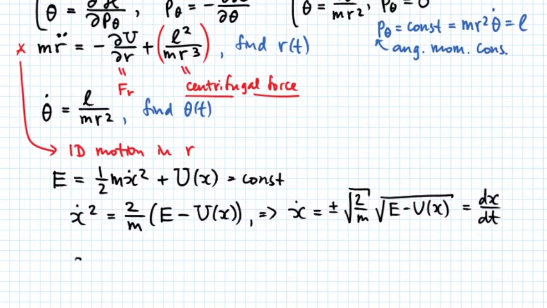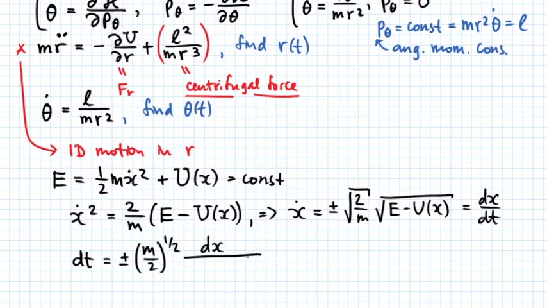Thus, we have dt, which is given by plus or minus the square root of m over 2, then dx, and in the denominator we have the square root of energy minus U of x.